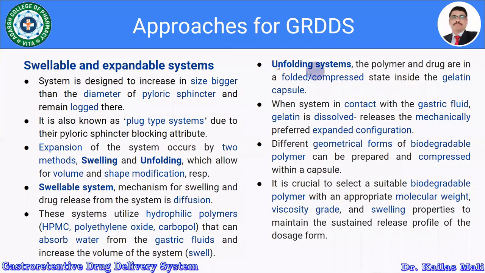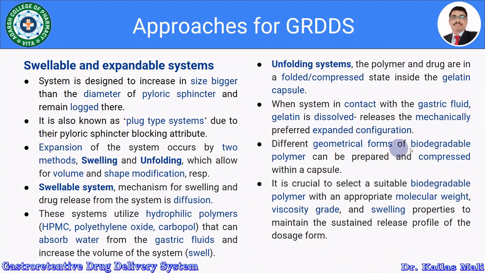Whereas in the case of unfolding systems, the polymer and the drug are in a folded or compressed state inside the gelatin capsule. It is possible to place various shapes of the formulation into the gelatin capsule by a folding mechanism. When the system comes in contact with the gastric fluid, the gelatin is dissolved and releases the mechanically preferred expanded configuration, and the formulation gets unfolded.